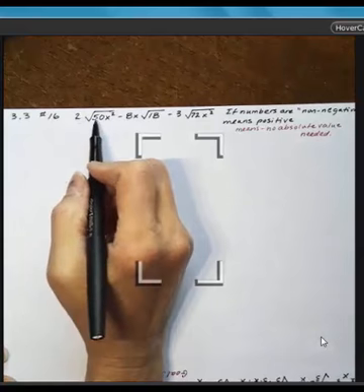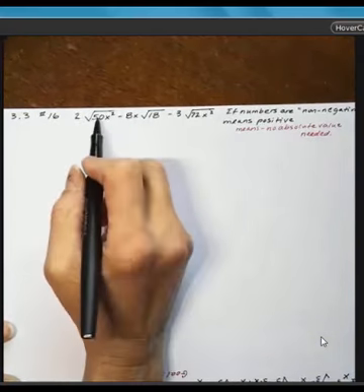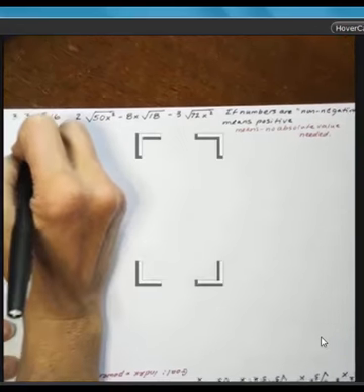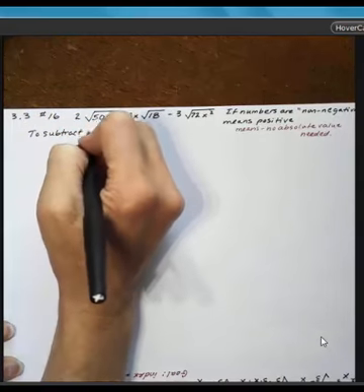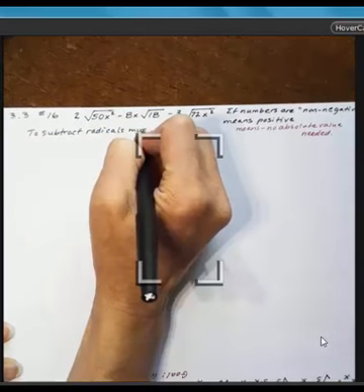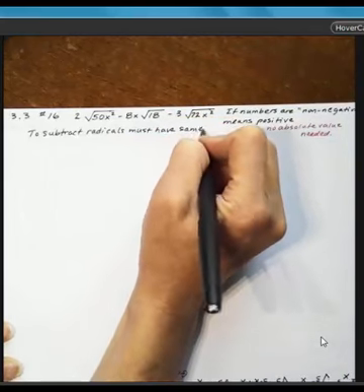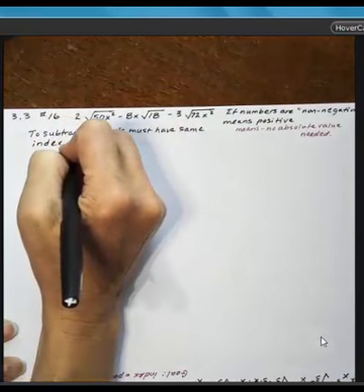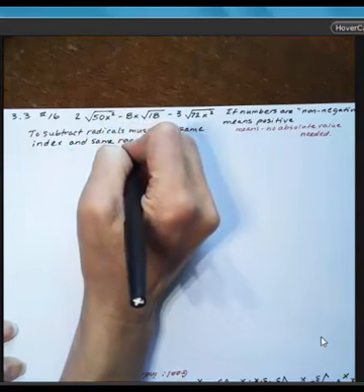And to be able to subtract these radicals, they need to have the same index and the same radicand. So to subtract, radicals must have the same index, that's the number in the crook, and the same radicand, that's the numbers under the radical.